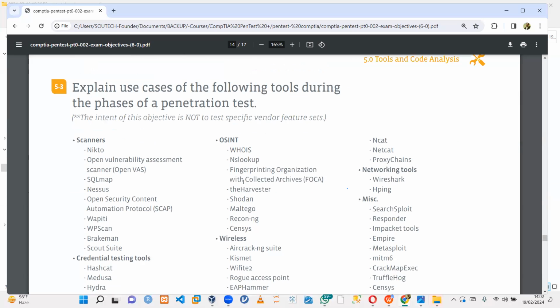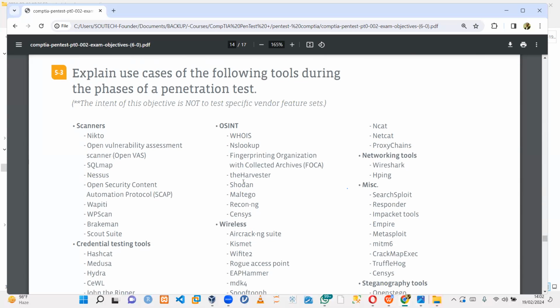Okay, what else again? So here you want to explain the use case of the following tools during the phase of penetration testing. Now, the intent of this objective is not to test specific vendor feature sets. No. The idea is that you want to understand what each and every one of these tools does, how they do it, and the kind of results they get you, and what you can use with such results.